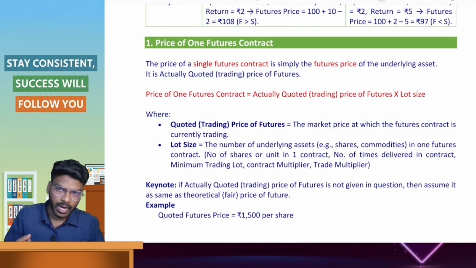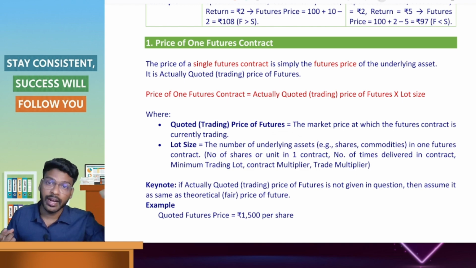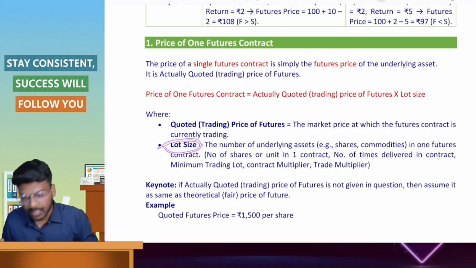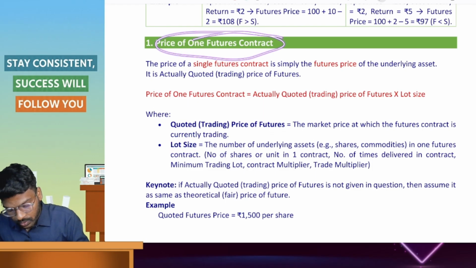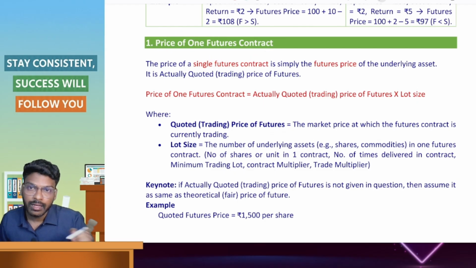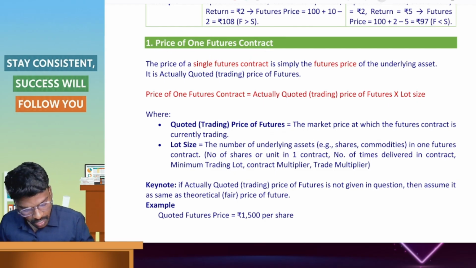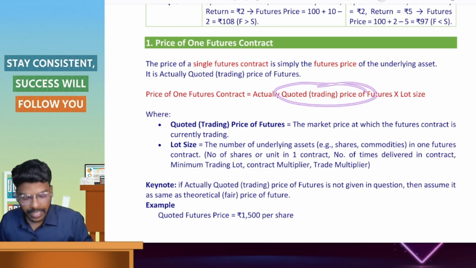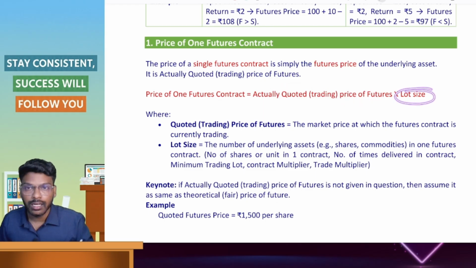In case of purchasing one lot, it will include 50 shares or 100 shares in a lot size. It is known as lots. The price of one future contract is the actual quoted trading price of the future, multiplied with the lot size.